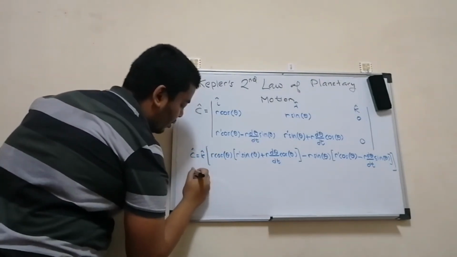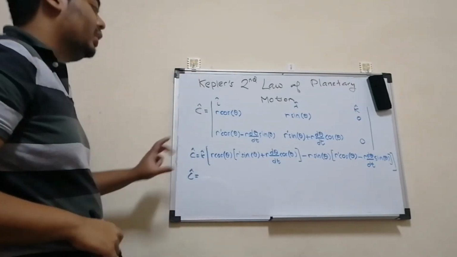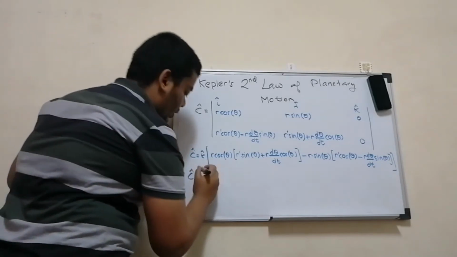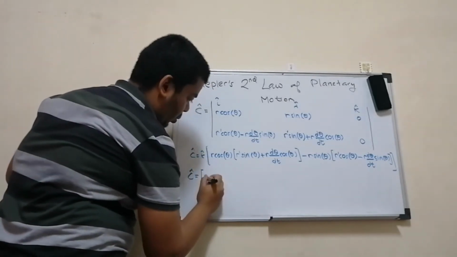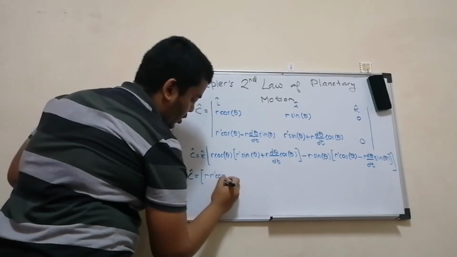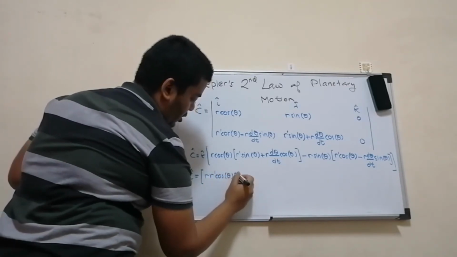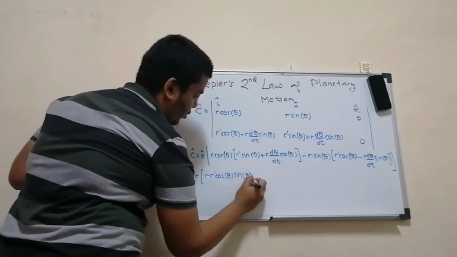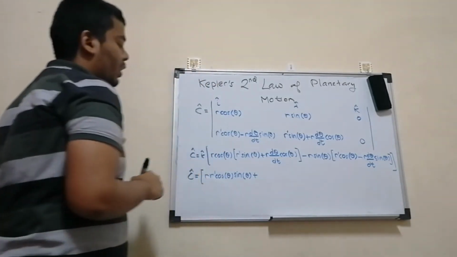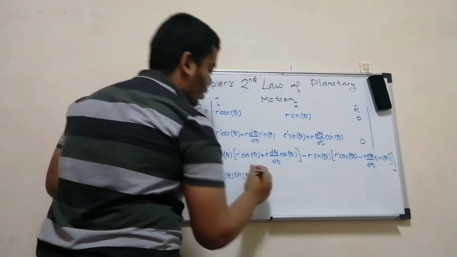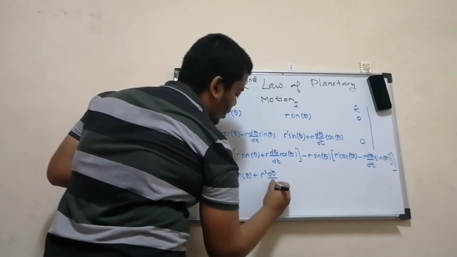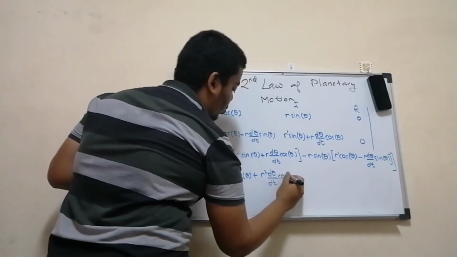Okay, so the c is given by, if you notice, let's expand the brackets. Let's see what happens when we expand the brackets. It will be r into r prime cos theta sine theta, plus r squared d theta over dt cos squared theta.